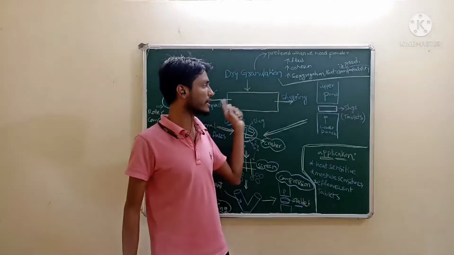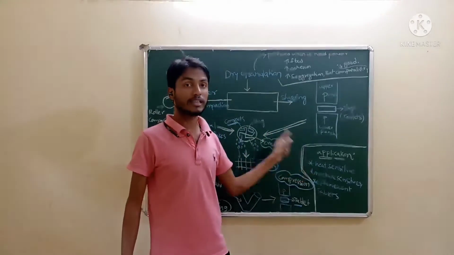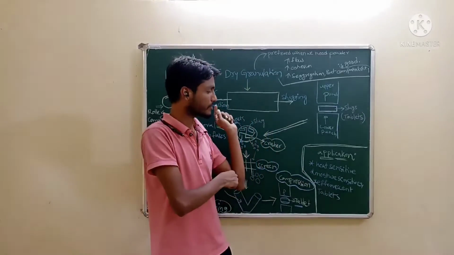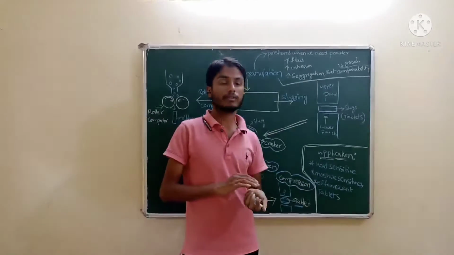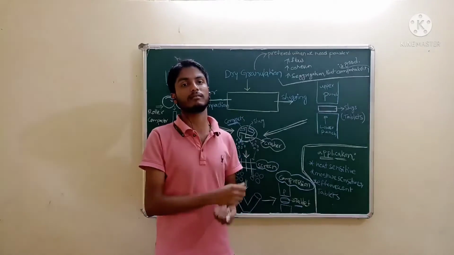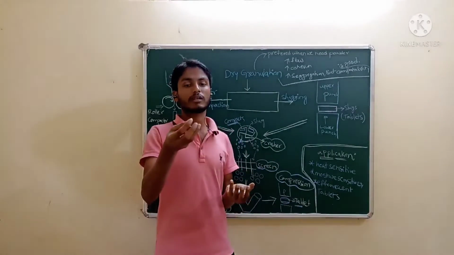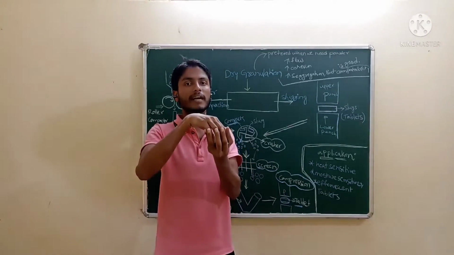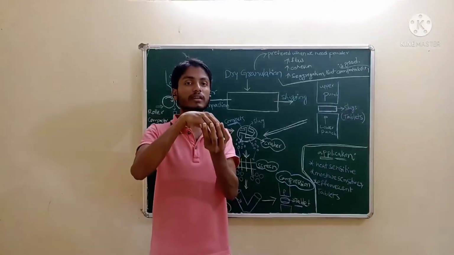We are not using any heat or moisture; water is not there. In wet granulation, we use water as a binder. We dissolve the polymer in water, then we get the binder solution. That binder solution is used for the formation of granules.